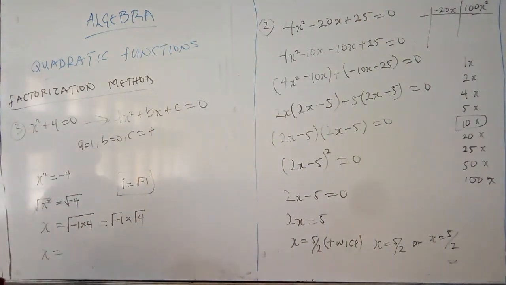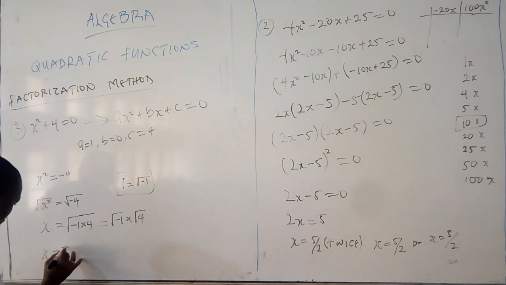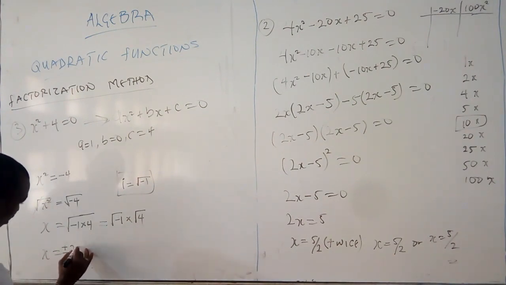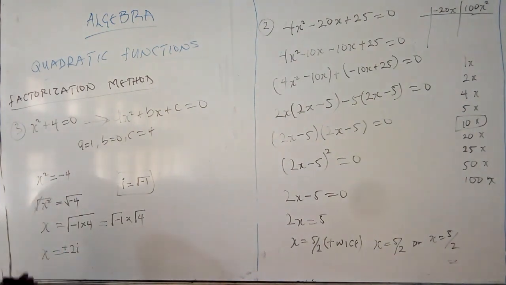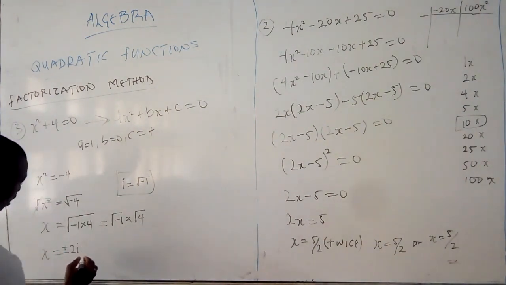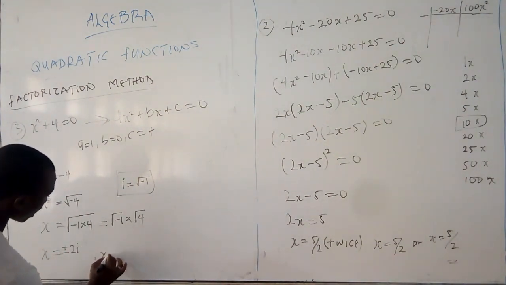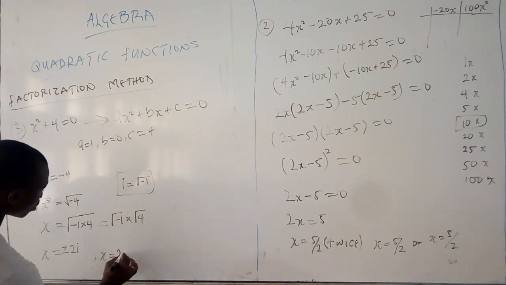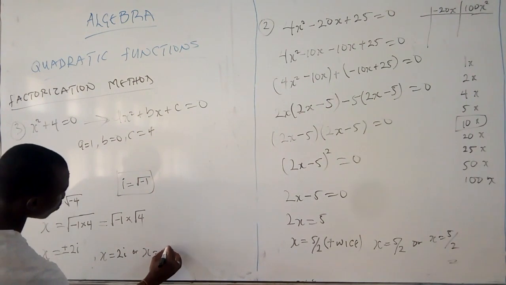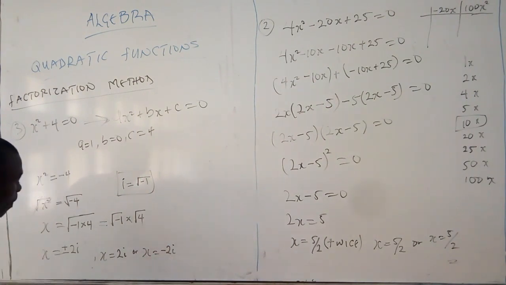This is equal to plus or minus 2. Then this imaginary i. So in this case, your x is equal to 2i, or your x is equal to minus 2i. So this is a scenario where you deal with complex numbers.